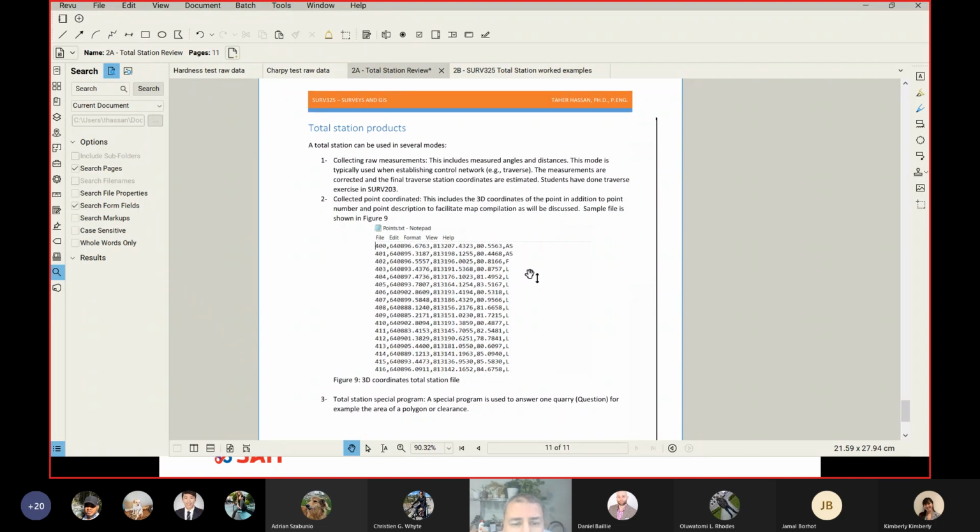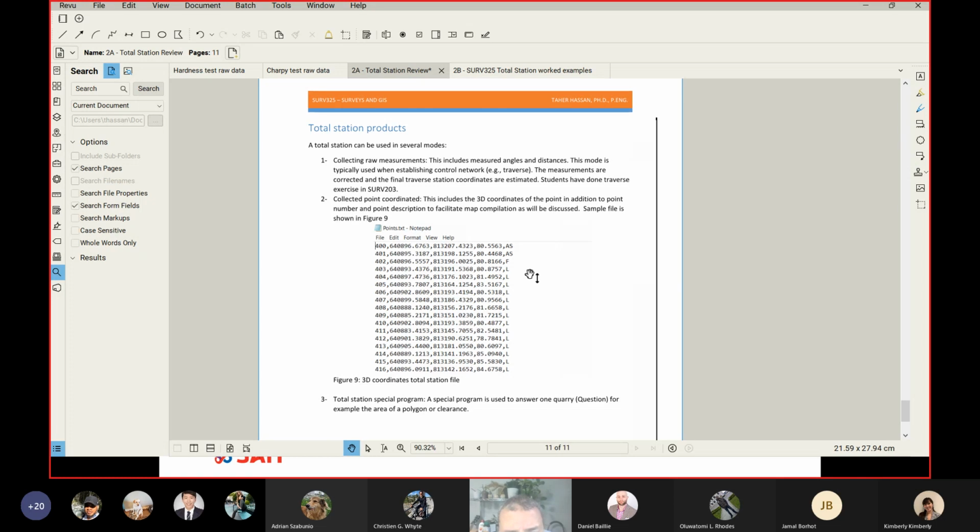And in this case, my total station can simply put all the raw measurements in addition to some input, like for example, the occupied point coordinates, the reflector height, the instrument height, and I already took you through the math equation. And finally, you should be able to find the easting, northing, elevation.